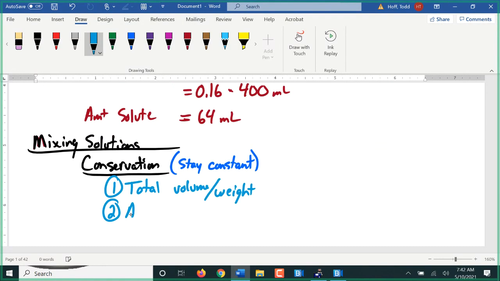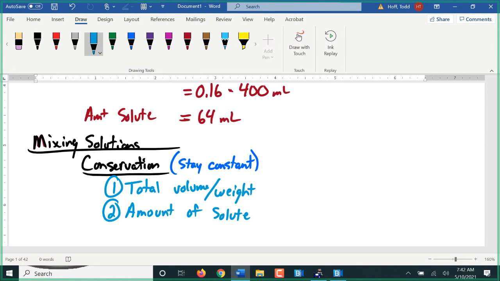Second is the amount of solute. The first solution has 20 milliliters of solute. The second solution has 30 milliliters of solute. If I mix them together, the final solution has 50 milliliters. That active ingredient.